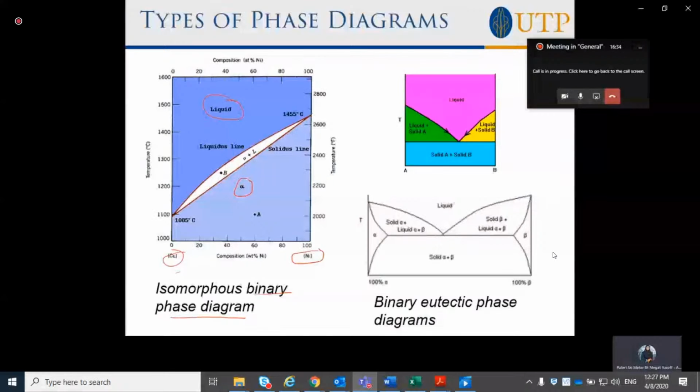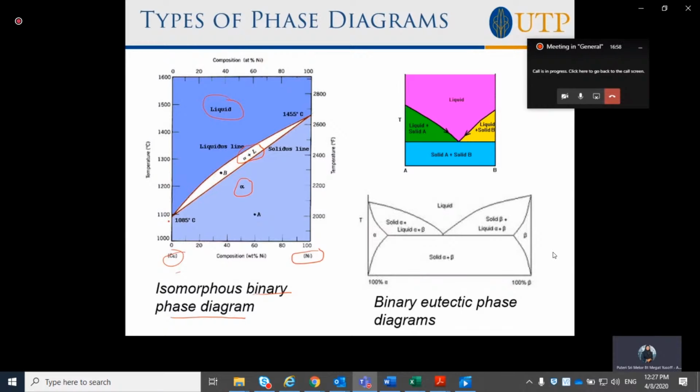In between, you have a mixture of alpha and liquid. That makes sense: when you heat up alpha, there will be a region where you have both alpha and liquid before it gets to 100% liquid.